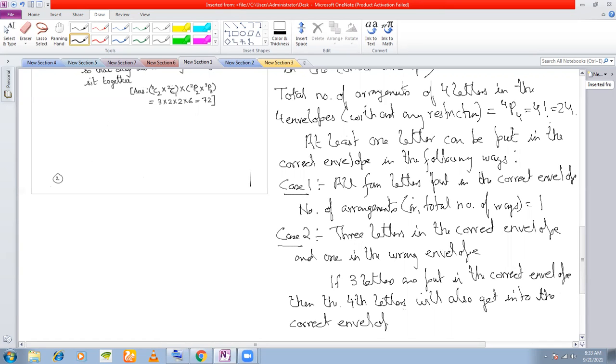That is, all four letters are placed in the correct envelope.